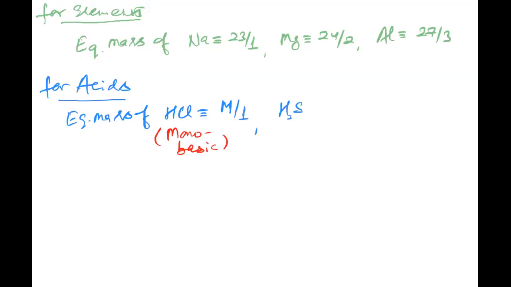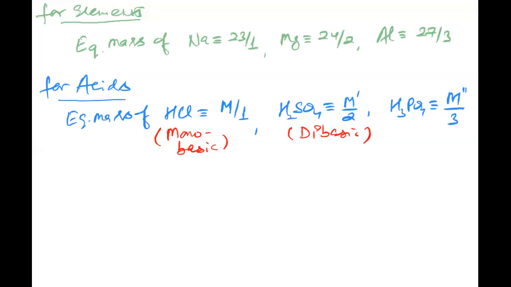Similarly, for H2SO4, it is M by 2. For H3PO4, it is M double dash divided by 3. So one acid is monobasic, another is dibasic, and another is tribasic acid.